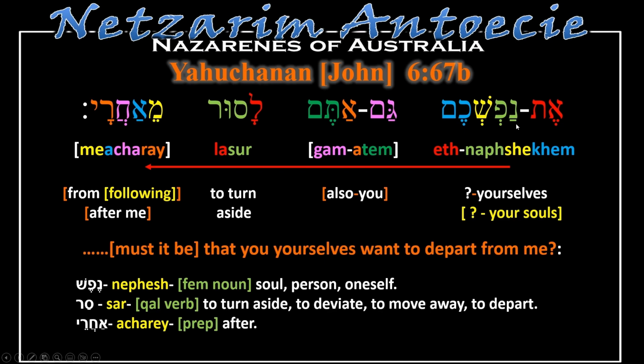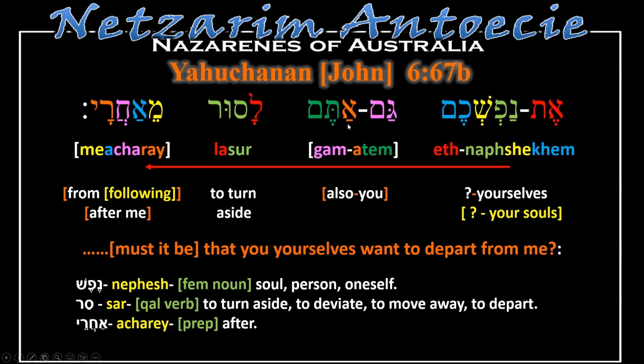That's a grammar marker. Naf-sh'khem, yourselves. And we know that Nefesh means soul, and khem is a plural form of you. So it's talking about the whole 12 of them. So you could say your souls or yourselves, because nefesh can mean self as well.